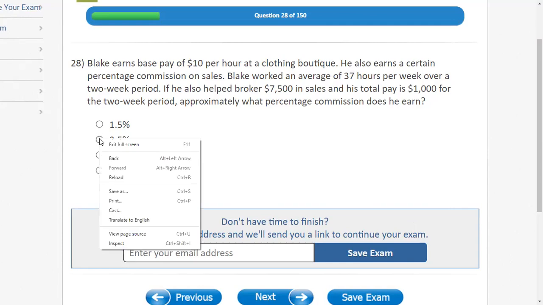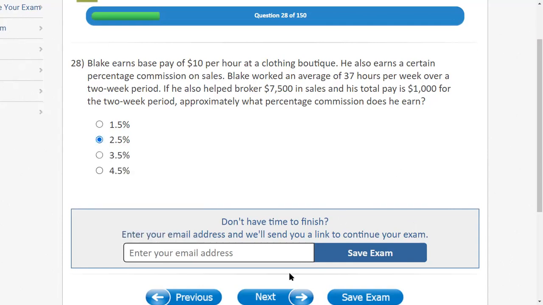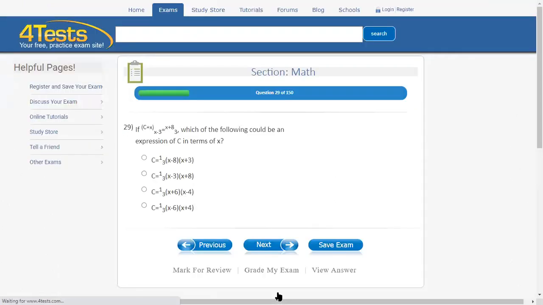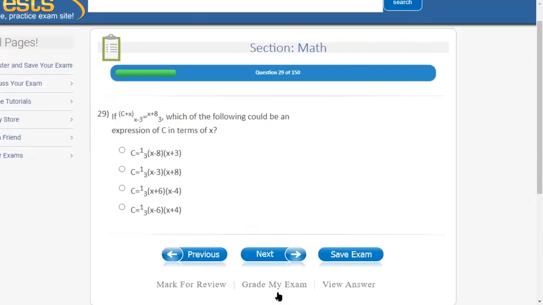So this is the second one, and we are moving to the second last question. So this one is the second last for today.